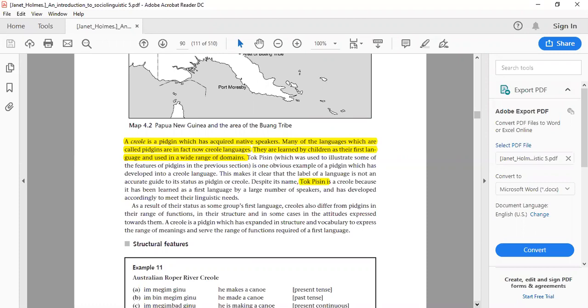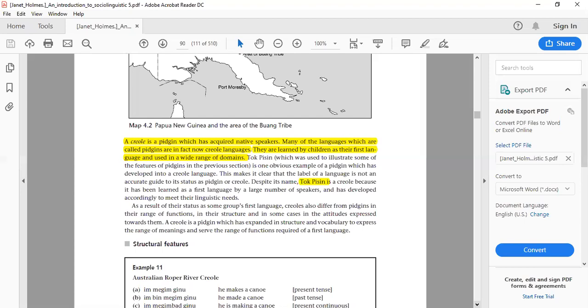A pidgin has no native speaker, but a Creole has native speakers. Yes, very good. So Creole is when a Pidgin has native speakers, then it becomes Creole.